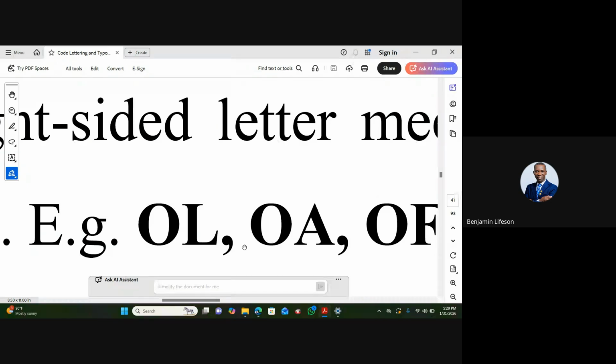Okay, look at the O. Okay, what is the name given to this side of the O? Who would mention the name given to this side of the O? Anatomy. What is the name given to this side of the O? Yes, who knows?